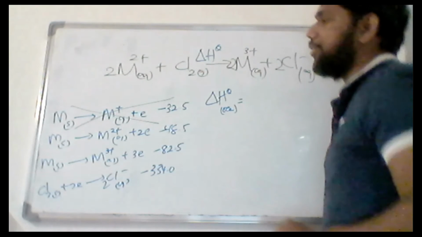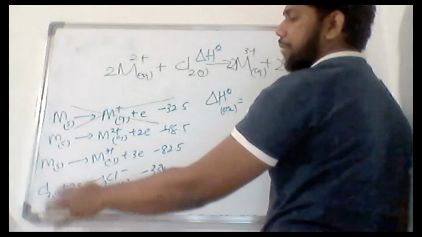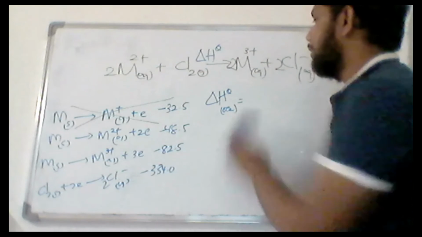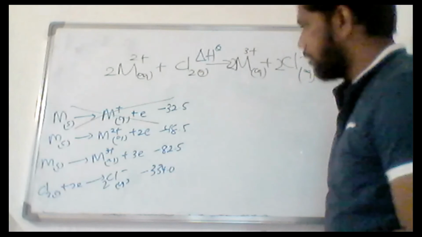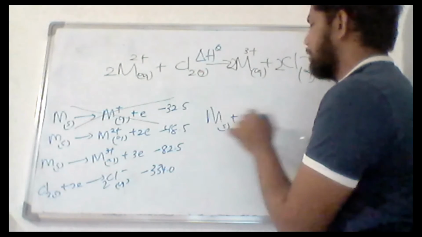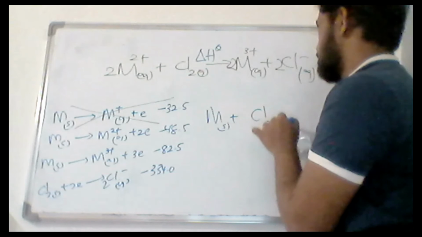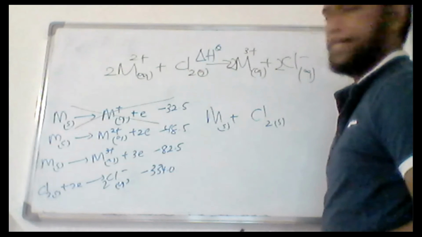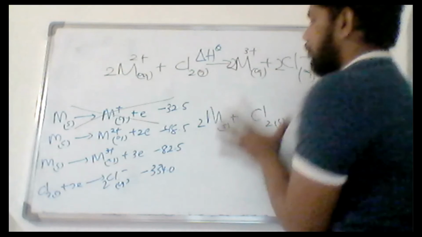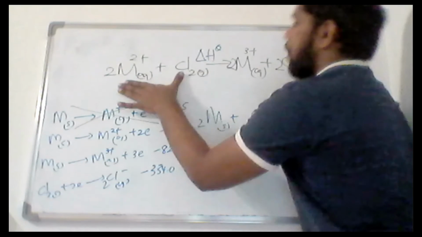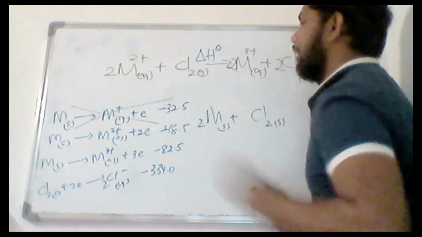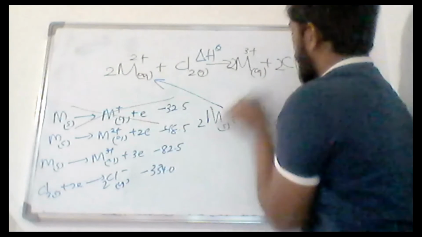The other way is that you can see these two form from M solid and Cl2, so you can create an enthalpy cycle like this. You can write here M solid plus Cl2 gas, and put them together. You need to form this one from here and this one from here, so the arrows should be like this and like this.